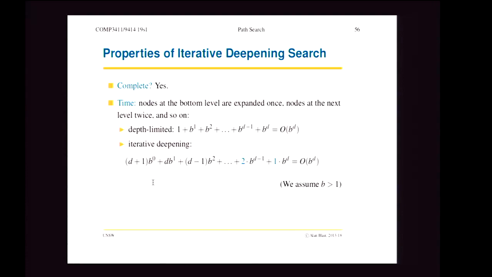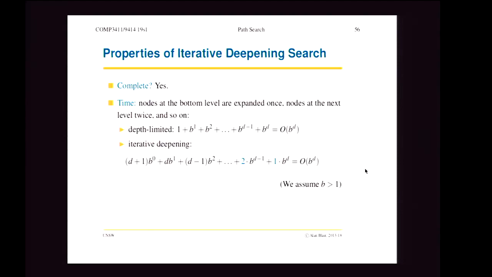So you get this summation here. If we assume the branching factor is bigger than 1, otherwise you wouldn't have a tree, you'd just be exploring a bamboo stalk, it turns out that this is order b to the D.